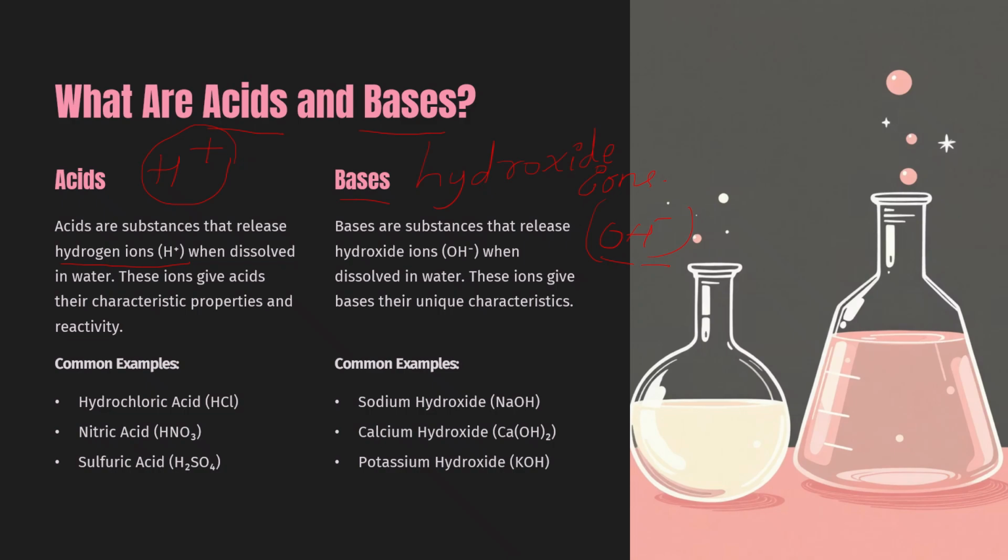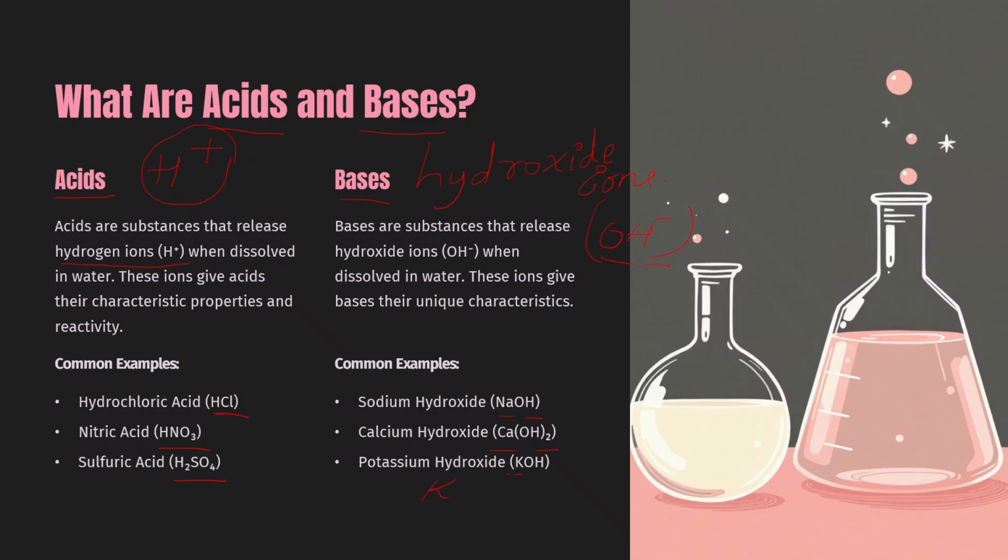Some basic examples of acids are HCl, hydrogen chloride, HNO3, nitric acid, and H2SO4, sulfuric acid. For bases, sodium hydroxide, calcium hydroxide, and potassium hydroxide.